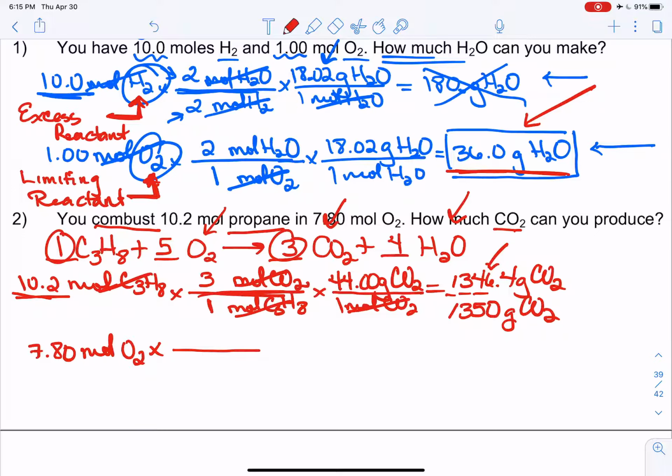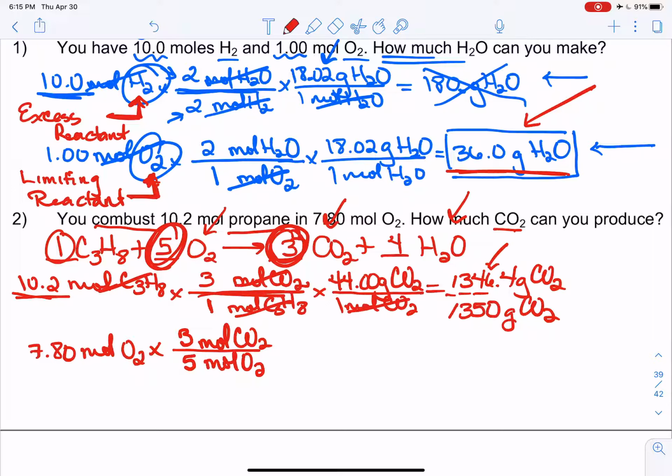We're already in moles, so we can do a mole to mole ratio. So moles of O2, where do we want to go? We want to go to moles of CO2, just like we did above. Now, if we consume 5 moles of O2, and I got that from right there, we can spit out 3 moles of CO2.